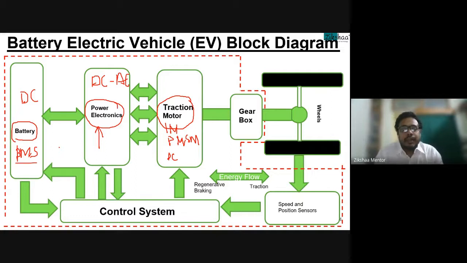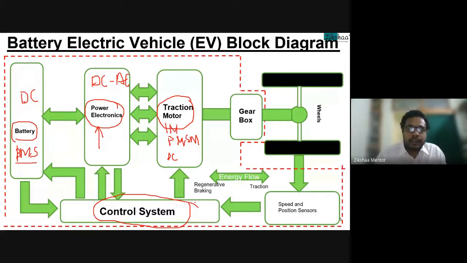So the battery management system is almost the brain of the vehicle. Also, the battery management system, the power electronics control, and the traction control, we can club into something called a control system.